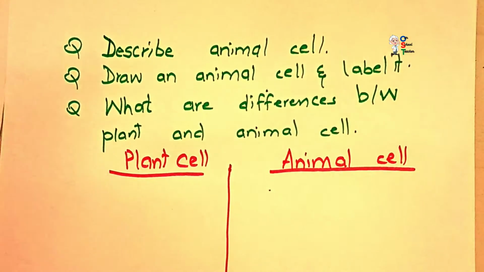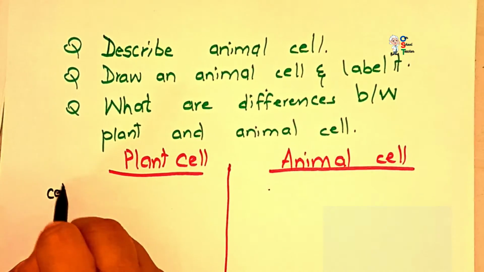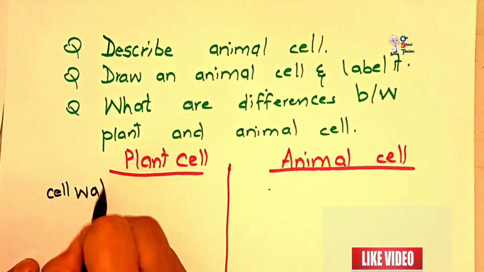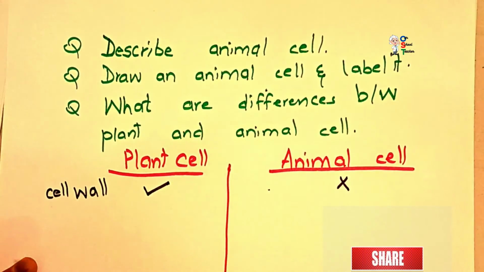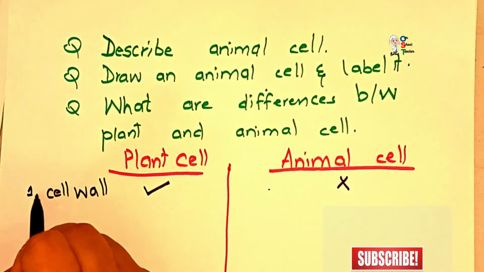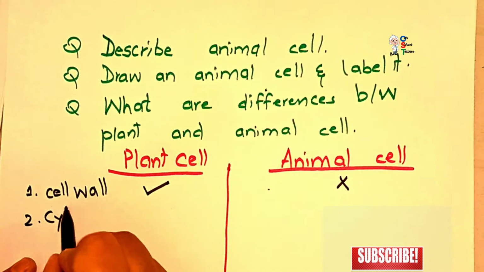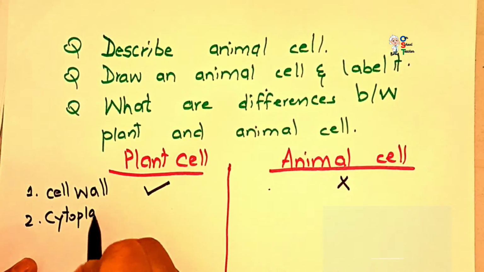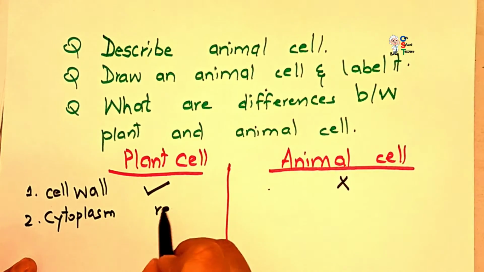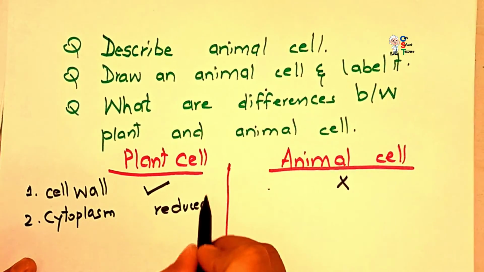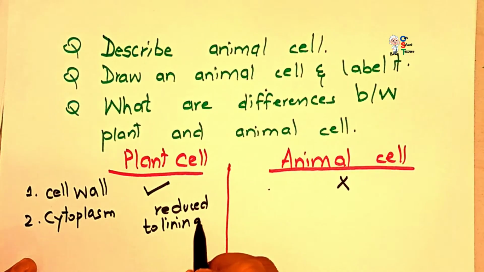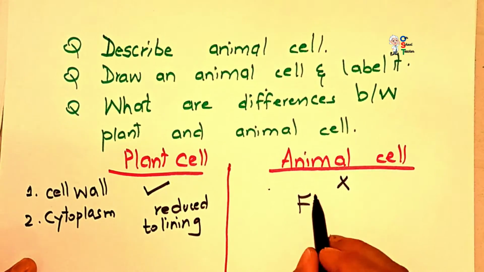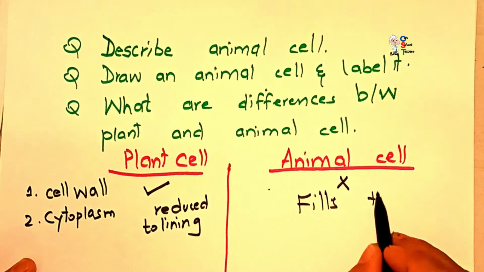You can write in this way: cell wall. In plant cell it is present, in animal cell it is absent. Number 2, cytoplasm: reduced to lining in plant cell, fills the whole cell in animal cell.